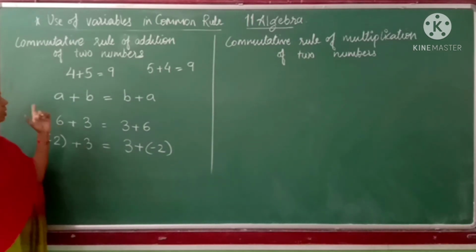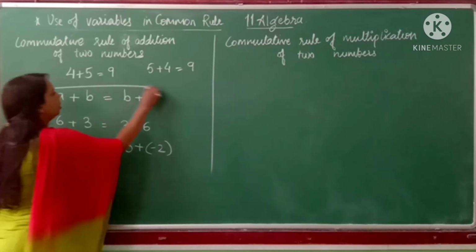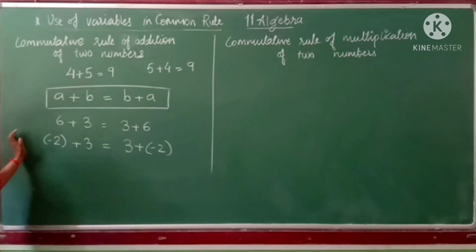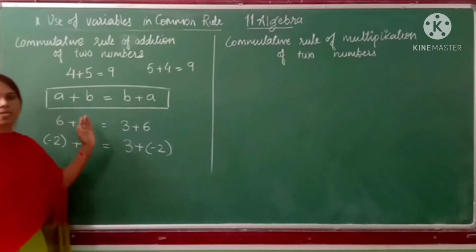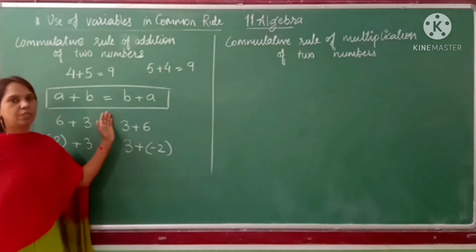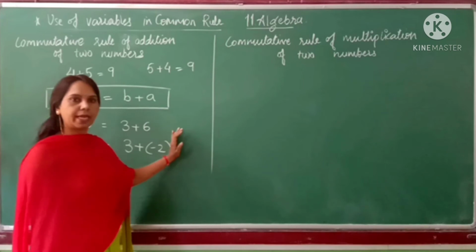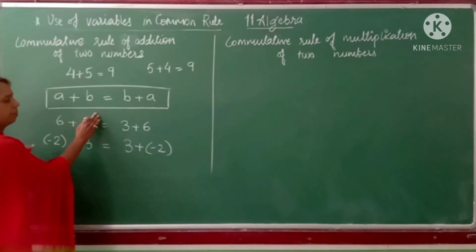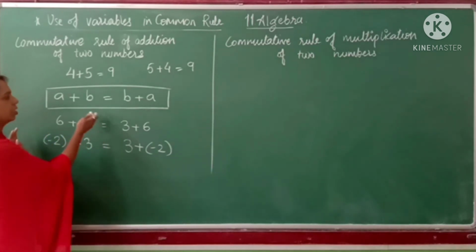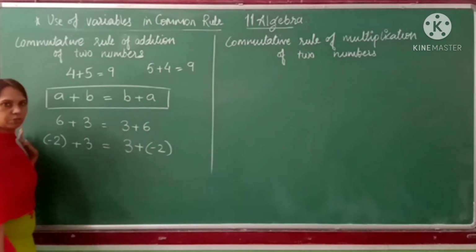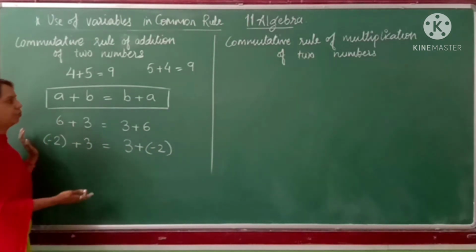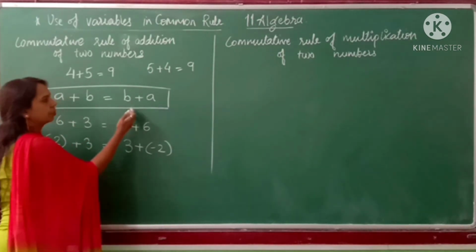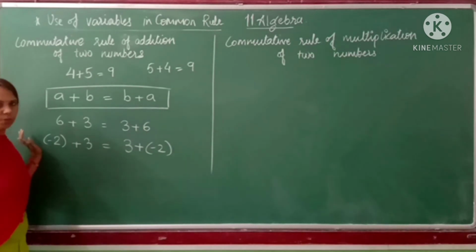So the rule of the commutative property of addition of two numbers is A plus B is equal to B plus A. Here A represents a variable and B also represents a variable. If A is equal to 4 and B is equal to 5, then here also B is equal to 5 and A will be 4.